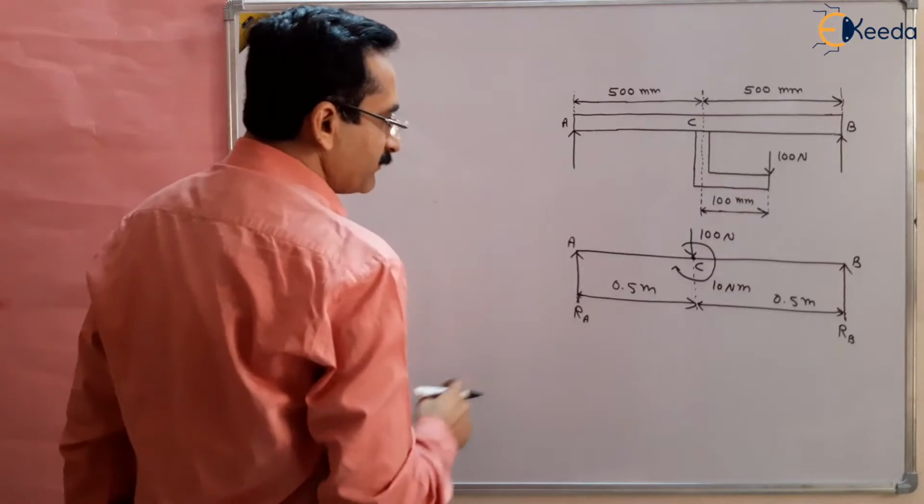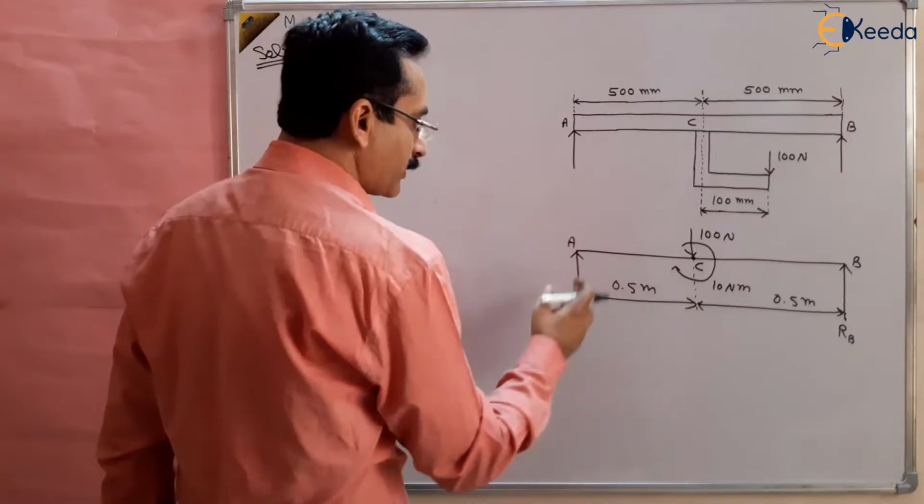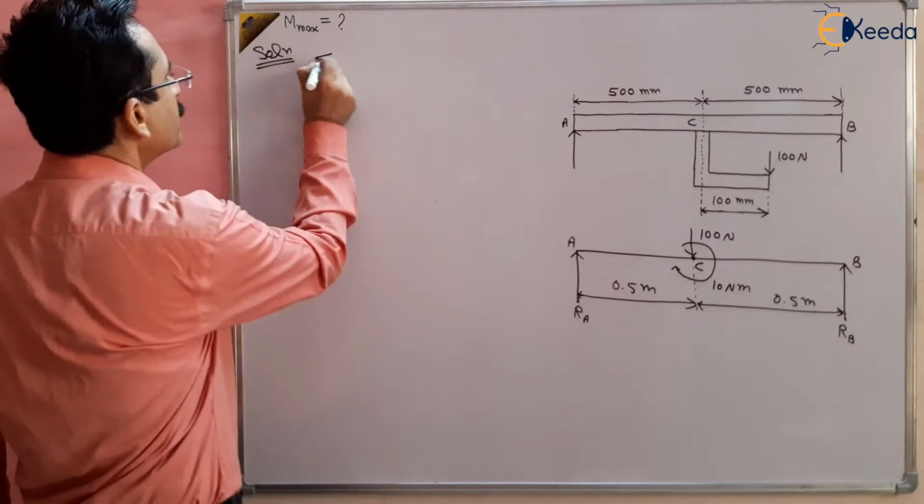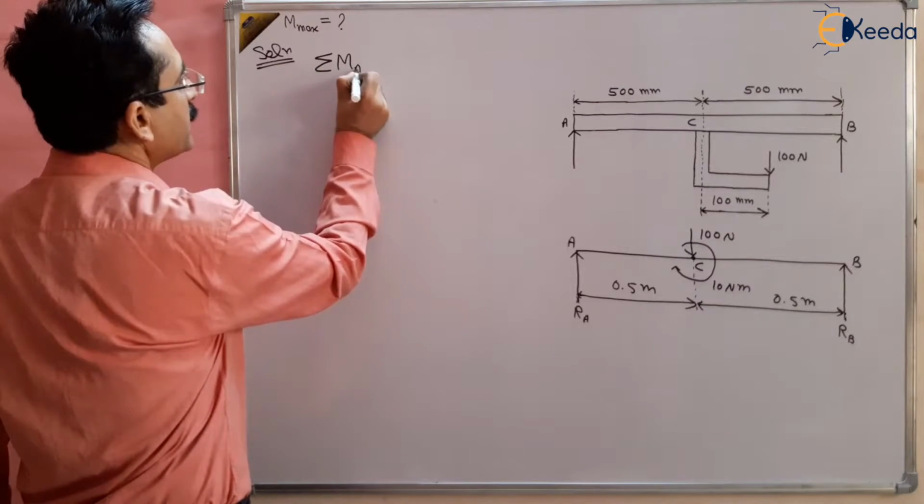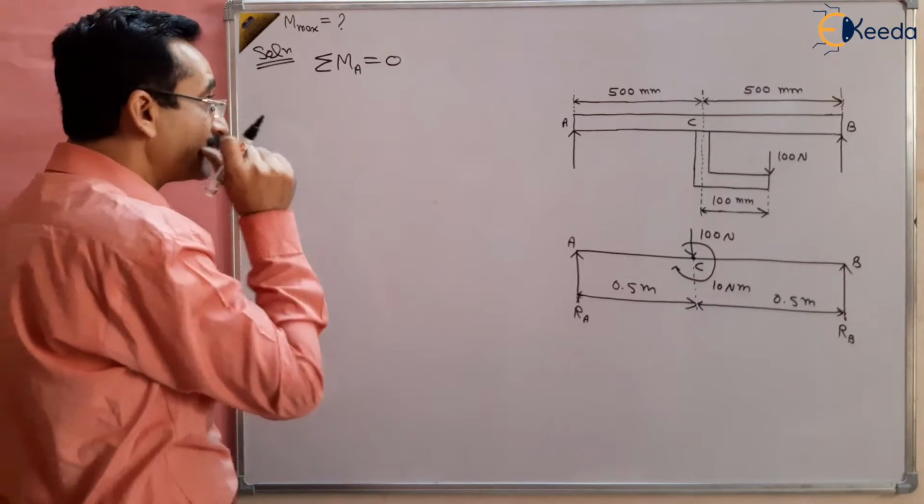How to find RA? We can take moments of all the forces about A. The sum of the moments of all the forces about A should be equal to 0 because the body is in static equilibrium.